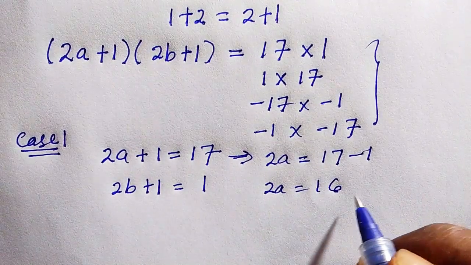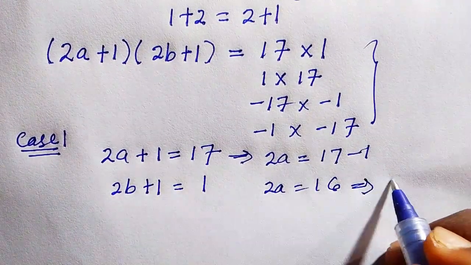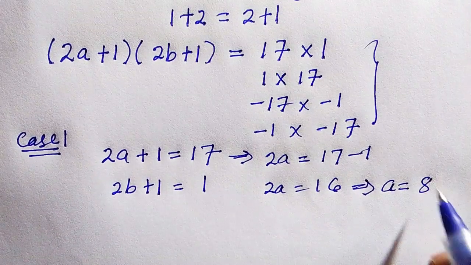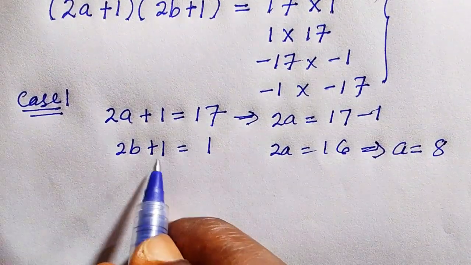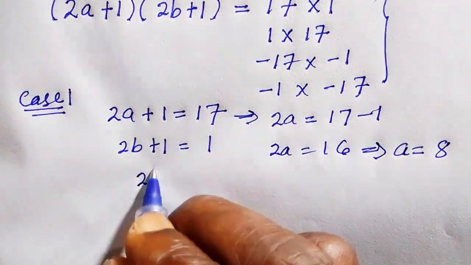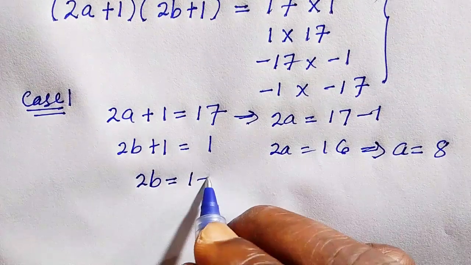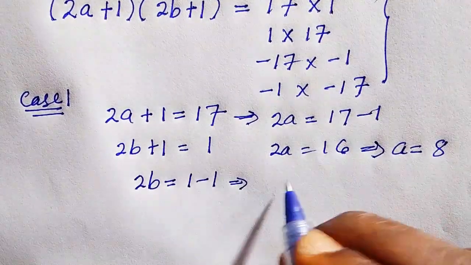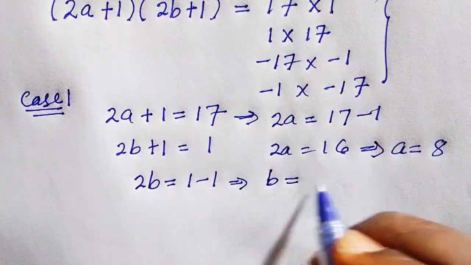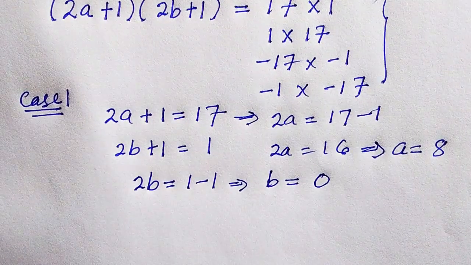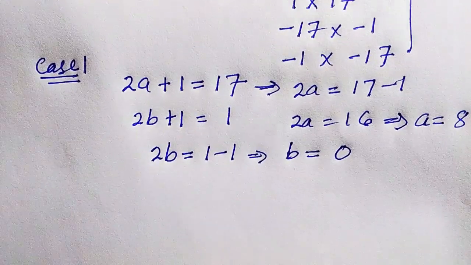By dividing both sides by 2, we get a equals 8. And also for this, 2b equals 1 minus 1, and it implies that the value of b equals 0. And here is the first case.